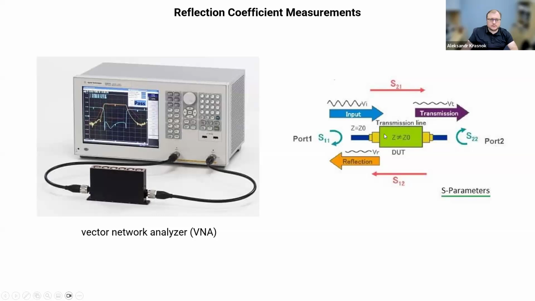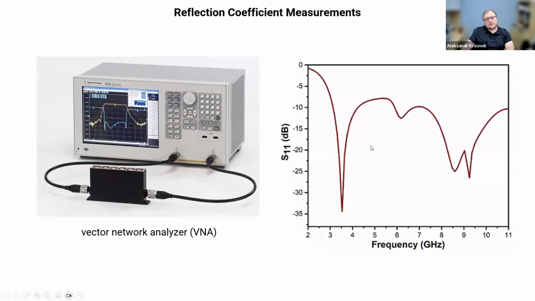Part of the energy of the wave reflects back to the first port. Another part goes through the device. So this S11 is the reflection coefficient that we just discussed.